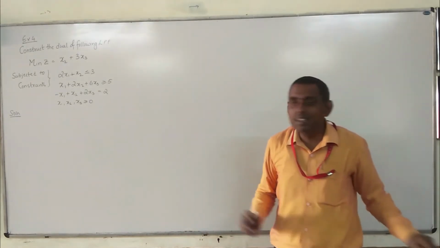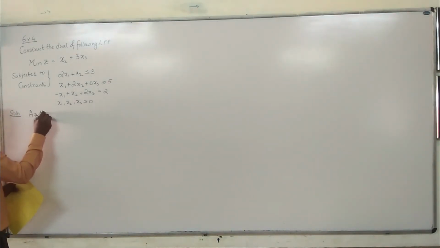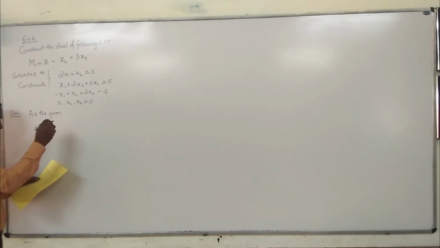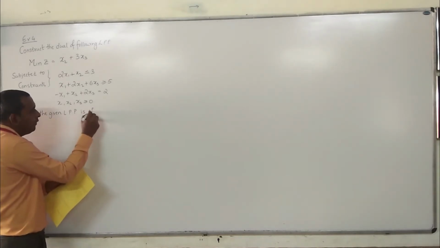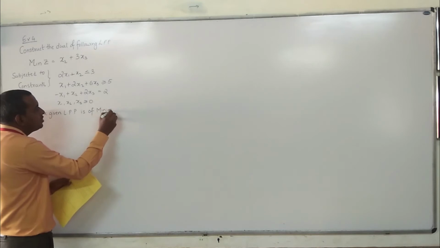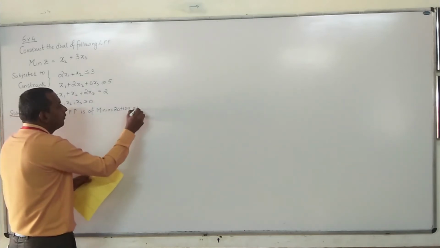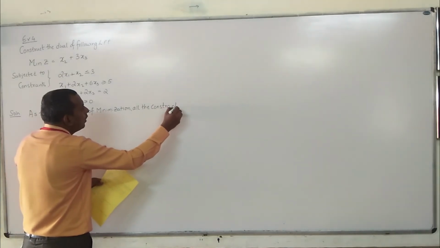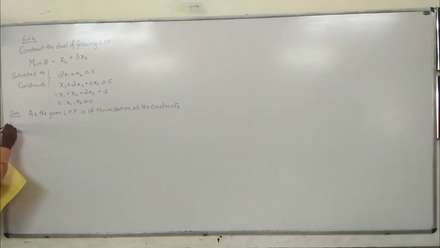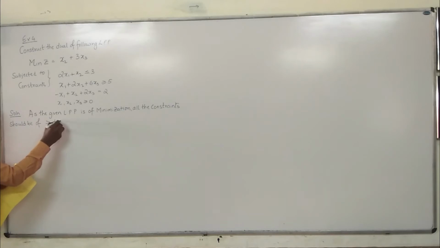To convert this given LPP into canonical form: as the given LPP is of minimization, all the constraints should be of greater than or equal to type.